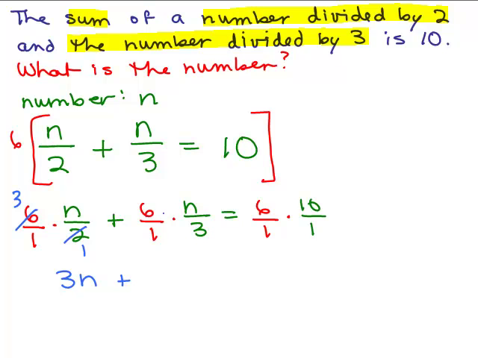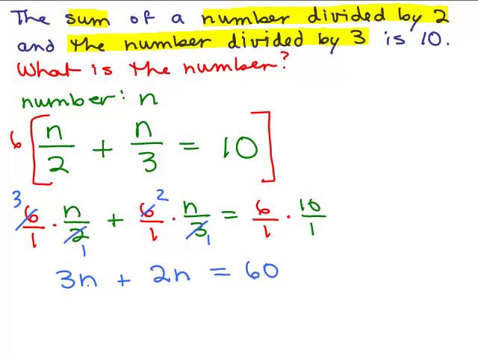All right, now the second one, 6 times n over 3. The 3 cancels, and I'm going to get a 2, right? So I have 2 times n over 1, which is just 2n. And 6 times 10 is just going to be 60, which is the same thing as 60 over 1, of course.